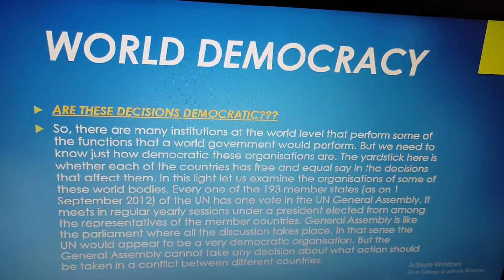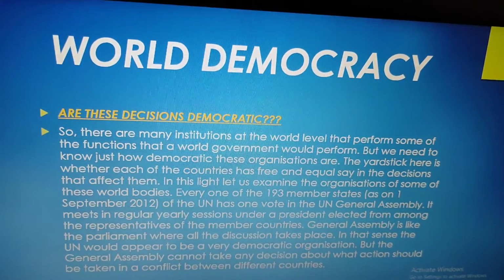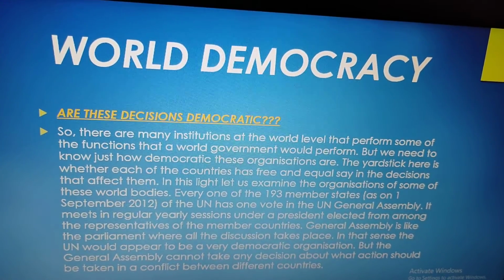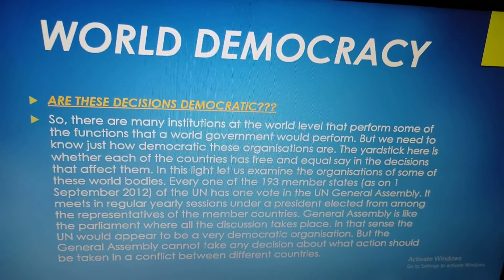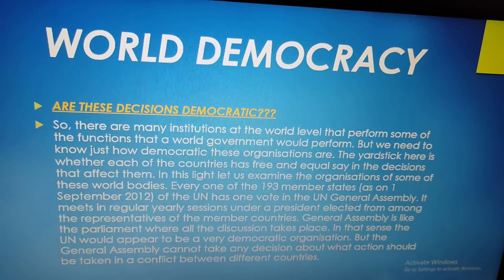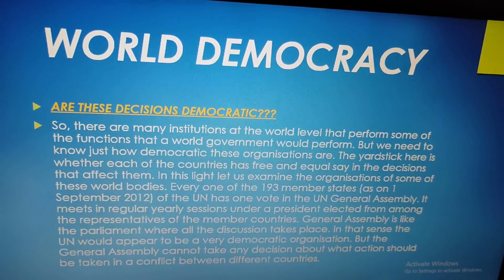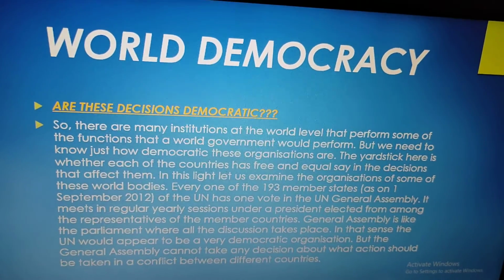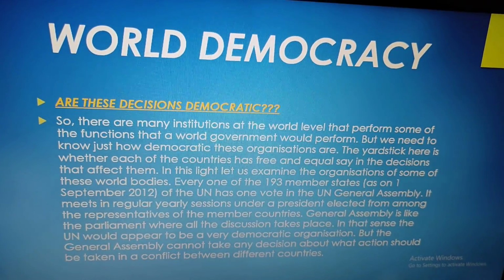There are certain international organizations which perform functions somewhat related to the functions which a world government would perform: your United Nations, your World Bank, right? These are the organizations which perform functions somewhat similar to what a world government would perform.